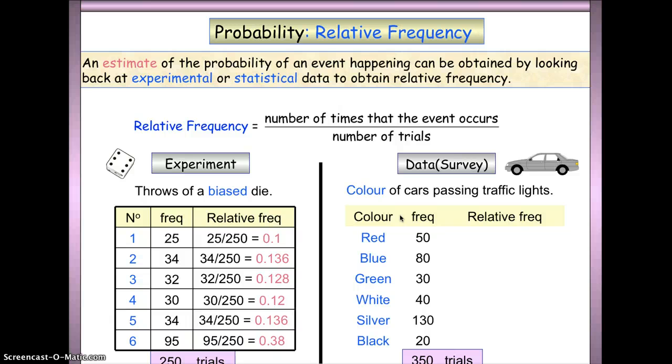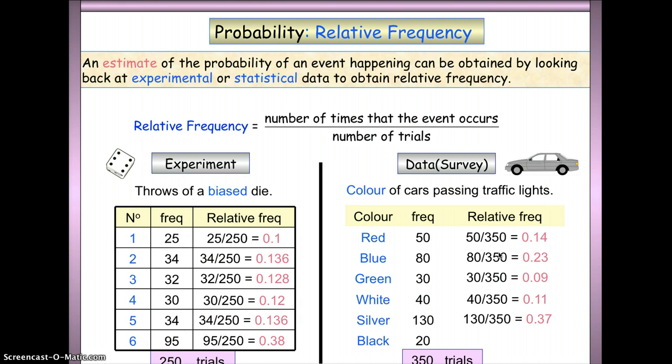To get the relative frequency, you divide the number of red cars by 350, the total number of cars that you have seen. Same thing with blue, 80 divided by 350, and you do the same thing for everything. It seems that based upon this survey, the most popular color for the car is silver because silver has 37%.